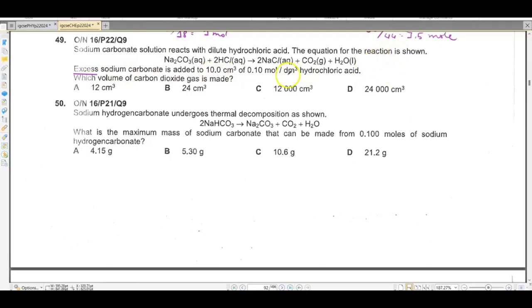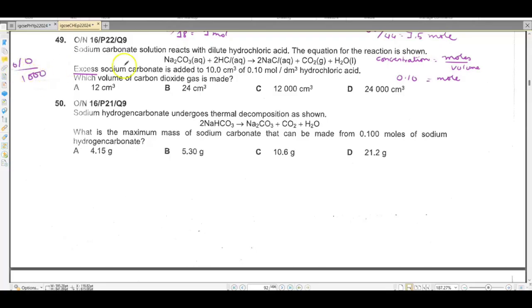So first thing is first, we need to find the moles of HCl. We have the concentration, and then we have the volume. So moles over volume is the formula. Concentration is 0.10 mole per decimeter cube. Moles we have to see. And since the volume is in centimeter cubes, we need to convert it into decimeter cubes by dividing by 1000.